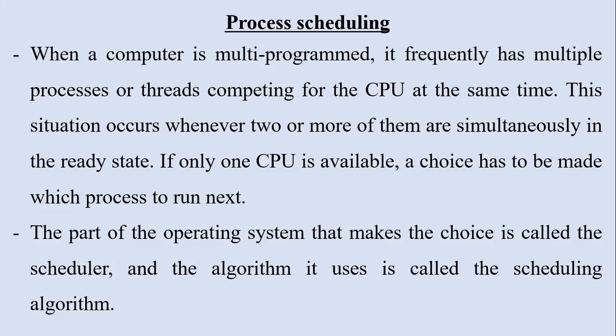If only one CPU is available, a choice has to be made as to which process to run next. The part of the operating system that makes the choice is called the scheduler. And the algorithm it uses is called the scheduling algorithm.